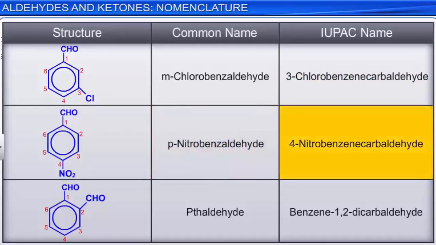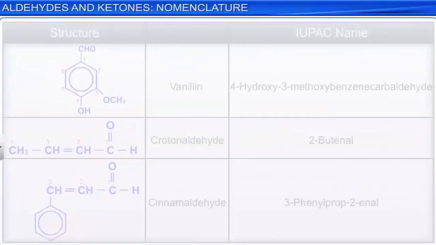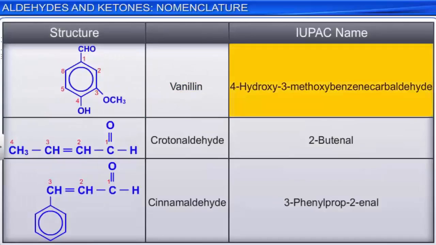Phthalaldehyde is benzene-1,2-dicarbaldehyde. Vanillin is 4-hydroxy-3-methoxybenzenecarbaldehyde. Crotonaldehyde is 2-butenal and cinnamaldehyde is 3-phenylpropenal.